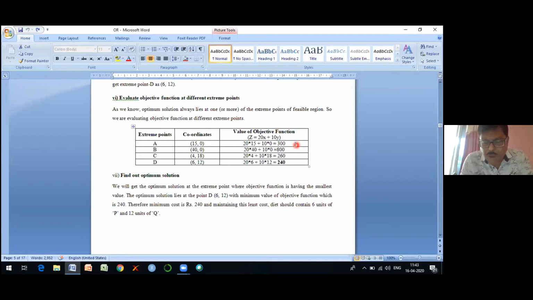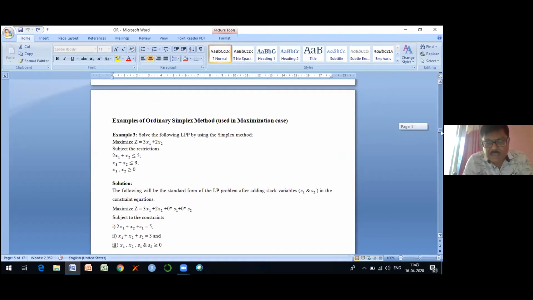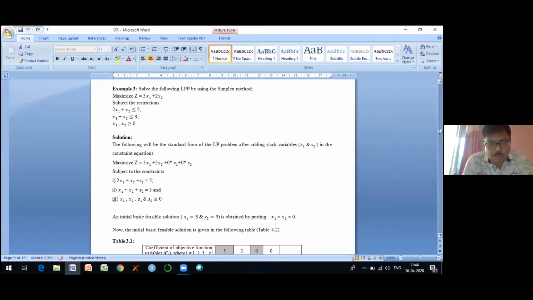Therefore, we must take the help of the simplex method. Right. So in the next class, we will discuss the simplex method, and your task is to go through this problem and after that modify the problem. This is the modification. How this modification is made, I will discuss in the next class.